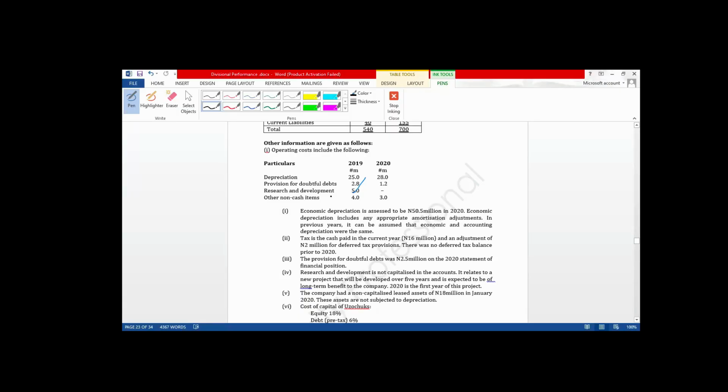Add back. Provision for doubtful debt 2020, 1.2. Add back. Research and development for 2020, nil. Other non-cash item for 2020, 3 million. Please add back this item.